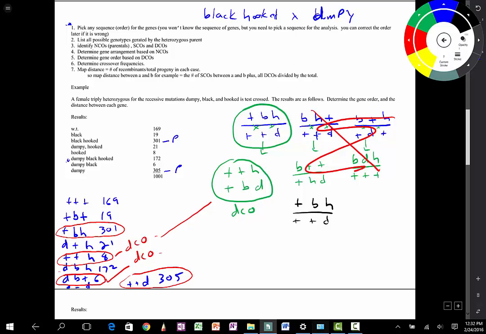So then we just have to figure out what our single crossover frequencies are, because we're doing mapping. In mapping, we just need to get number of recombinants over the total.